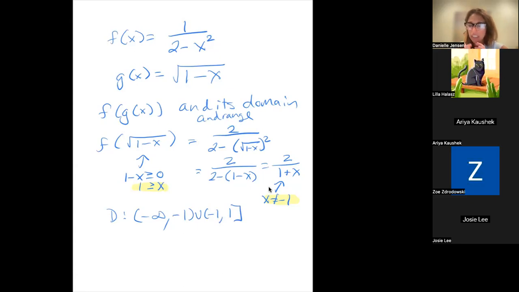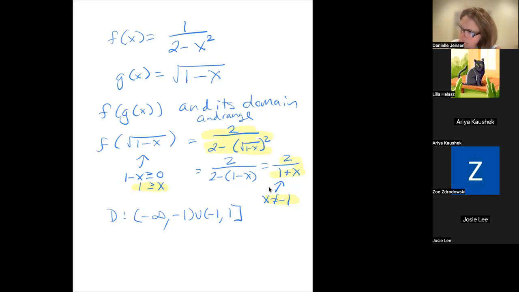Again, always the inner function first, right away, before I even put it into the outer function, and then I look at the end result. Now I have to keep that in mind when I do the range: either keep in mind the unsimplified version, or just keep in mind this domain, knowing that the highest I'm putting in for x is 1.